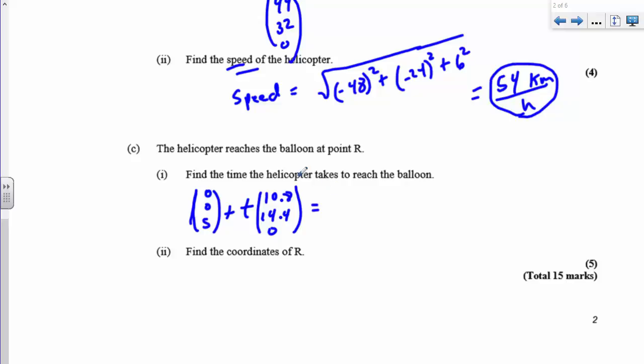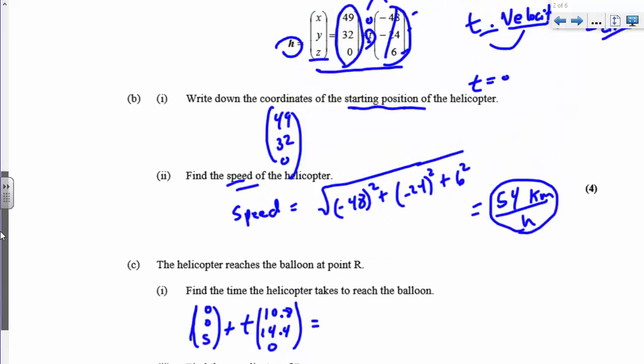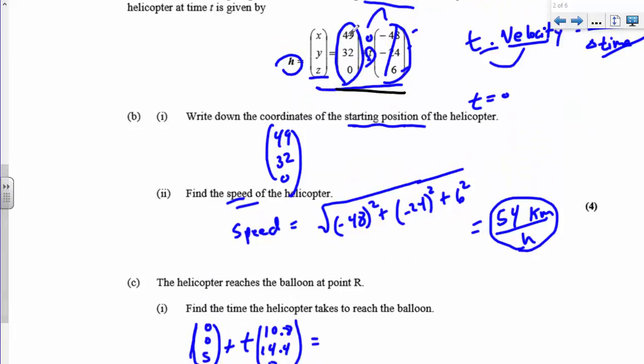It's going to equal the equation for the helicopter. What's the equation of the helicopter? I forget. It's this right here. It's going to be 49, 32, and 0. We're going to add t times this, and this is going to be negative 48, negative 24, and 6.